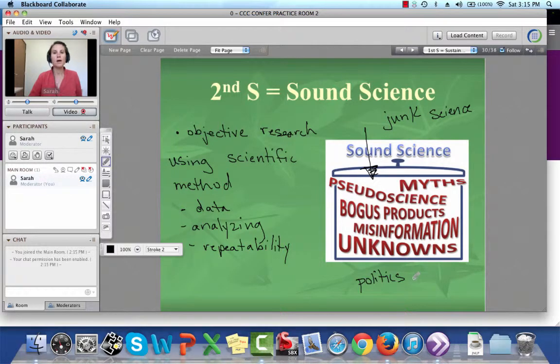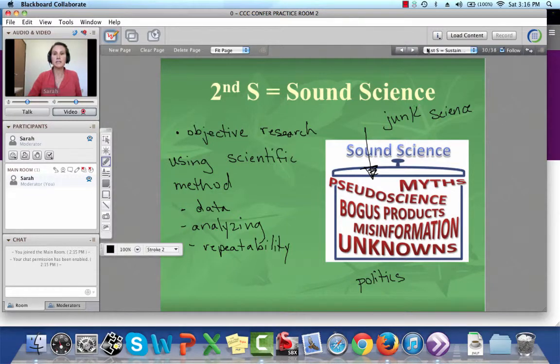Politics. They're really bad about using junk science. So if you ever hear something that sounds slightly fishy to you and you're like, really? I don't know about that. Then think about it. Is there sound science to back up what they're saying? Think about how it all comes together and make sure that you know where those sources are coming from. And that's what peer review articles and all that comes into play.